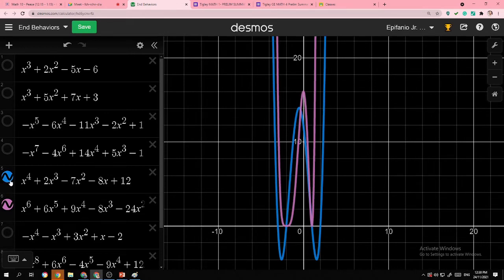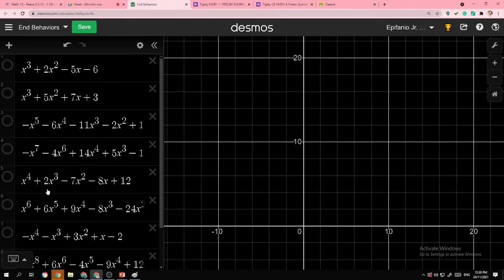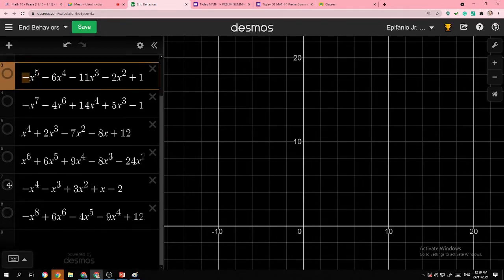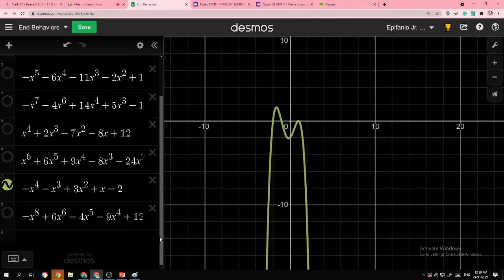Even if you don't graph it, I can tell the end behavior right away by just considering the degree and the sign of the leading coefficient. Let's go to number 7. What do you think? Look at the graph now. What is the end behavior of the graph? Down, down.